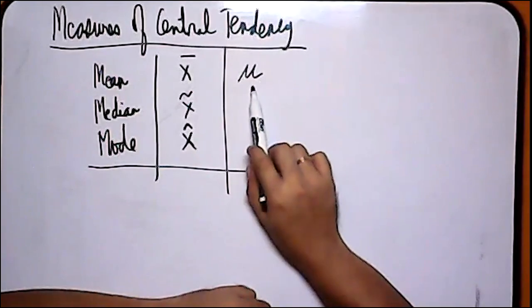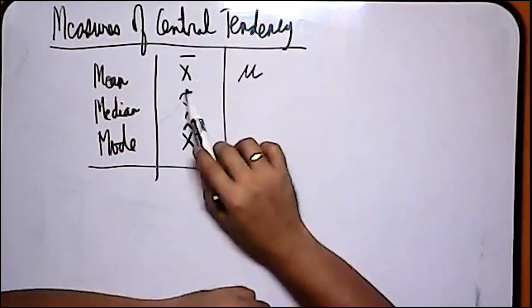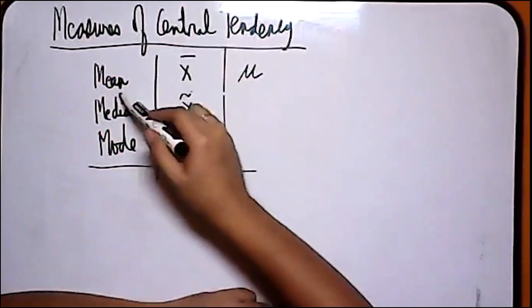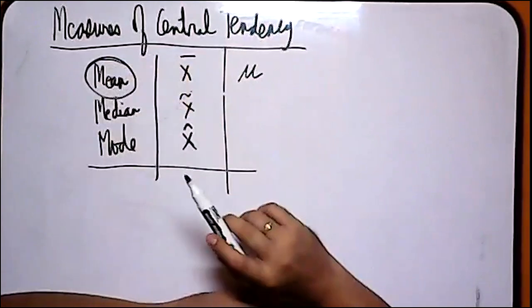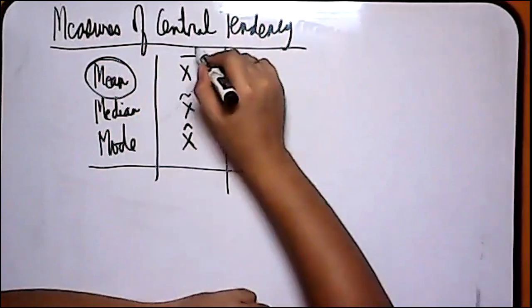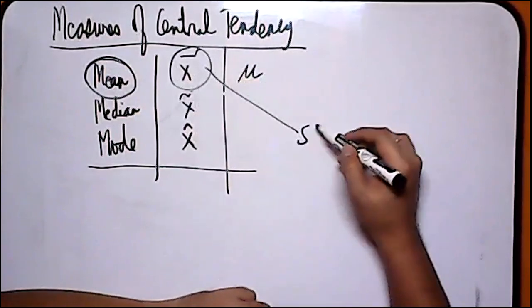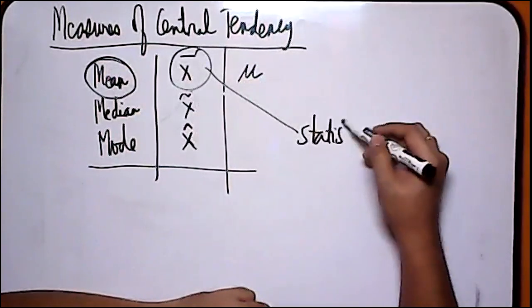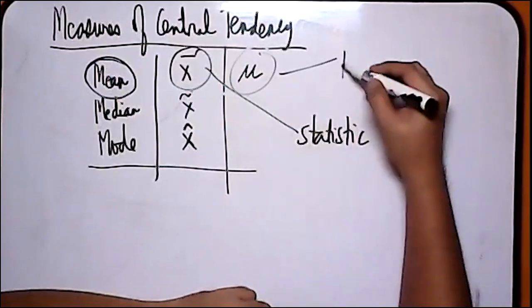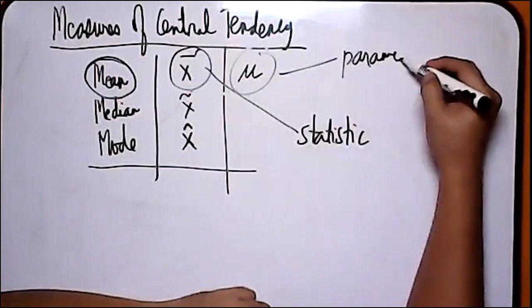This is mu. And even though mu and X bar are different in terms of their appearance, both of them refer to the mean. Okay? Both of them refer to the mean. But this one is a sample statistic. Okay? This is a statistic, while this one is a parameter.